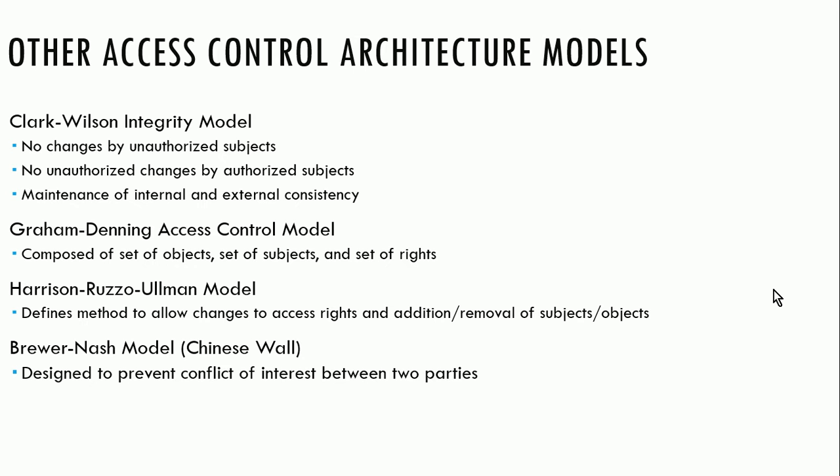And the reality is, with most access control systems, we kind of combine or use elements from different models to build a real world working access control model. So a lot of times we're not using just these models in a certain architecture. We're kind of cobbling together different models to get to a system that meets the needs of our organization.